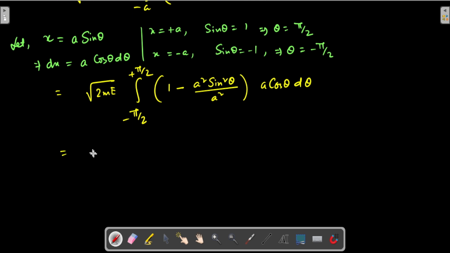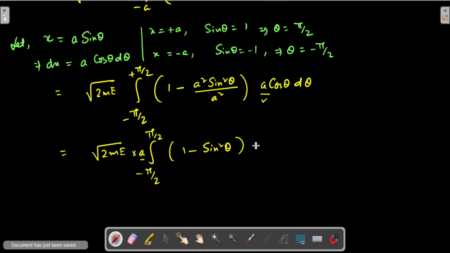So root over 2mE, from minus pi by 2 to plus pi by 2, it becomes 1 minus sin squared theta. A is a constant, so we can take the a outside of the integration, and here cos theta d theta will be present.